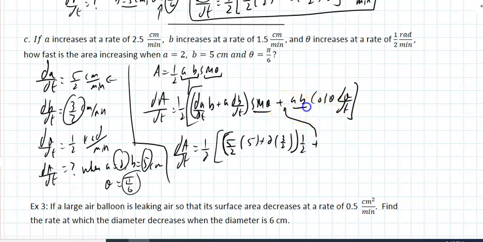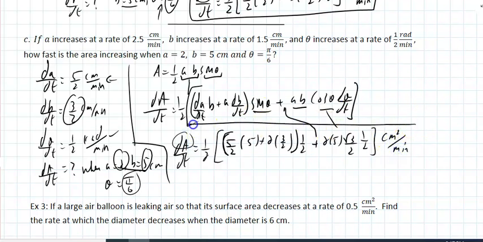Plus A times B, that is 2 times 5. The cosine, which is radical 3 over 2, and d theta/dt, which we said was 1/2. The units for area are centimeters squared per minute.